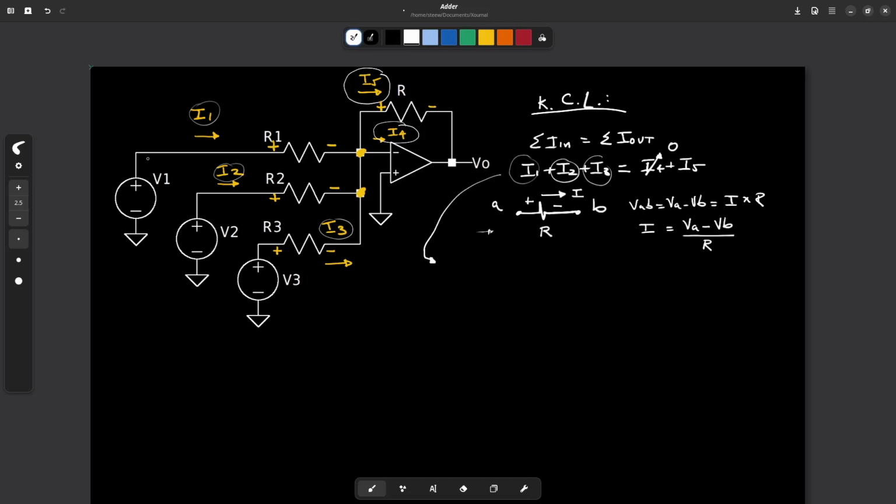I1 would be the voltage at this node, okay? So this is my reference node, whose voltage is 0 volt, 0 volt, 0 volt, and 0 volt. So to get the voltage of this node, if this is my reference node and I have a voltage source of this value, I know that the voltage at this node equals V1.